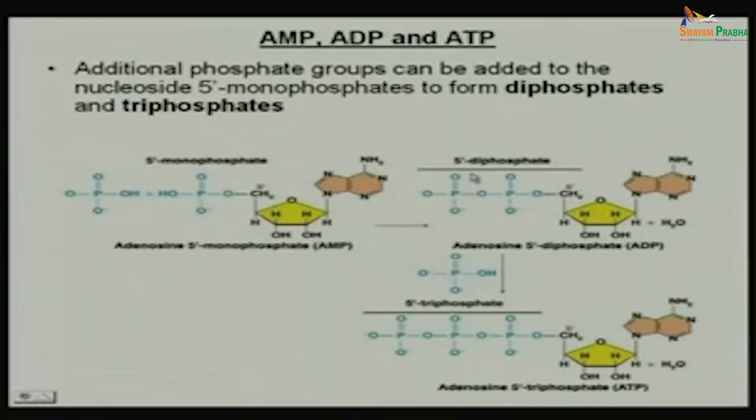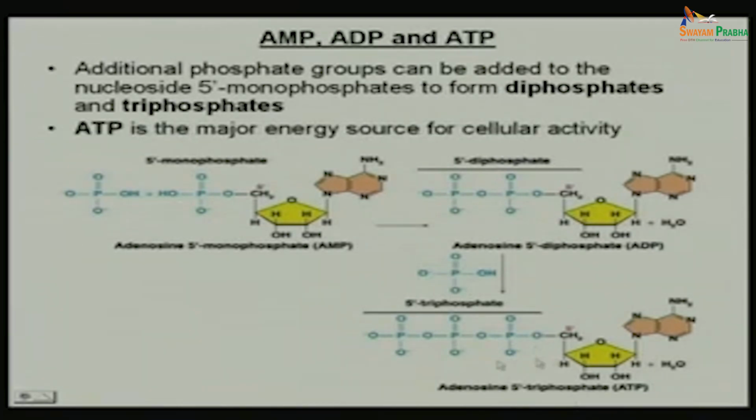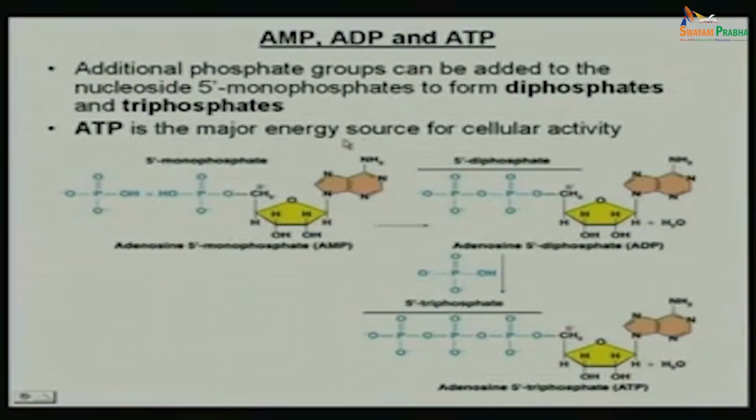To this diphosphate, when we incorporate another phosphate group, it forms adenosine triphosphate or ATP molecule. And as we have already learned, ATP is the major energy source for all cellular activities. So, these ATP molecules play a significant role in different metabolic activities performed by the cell.